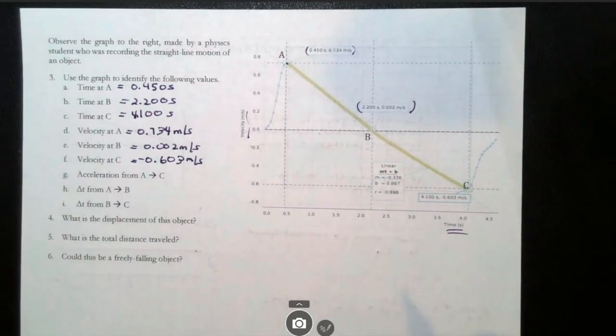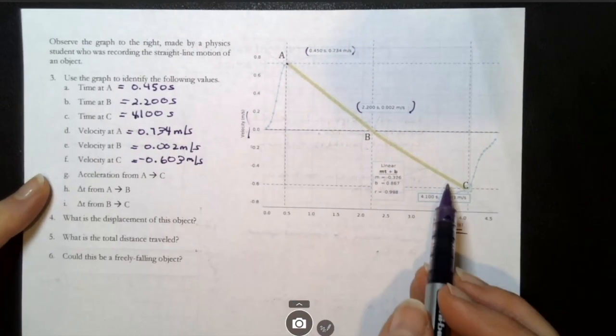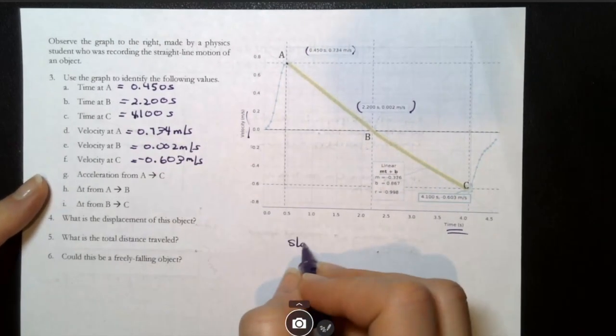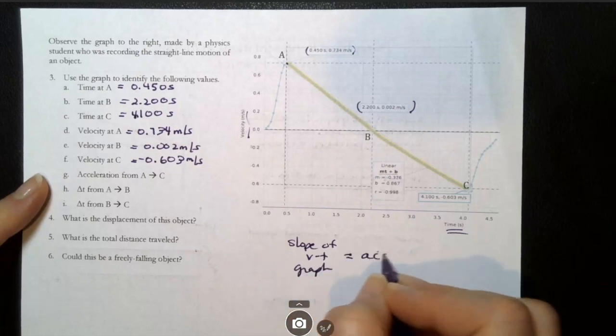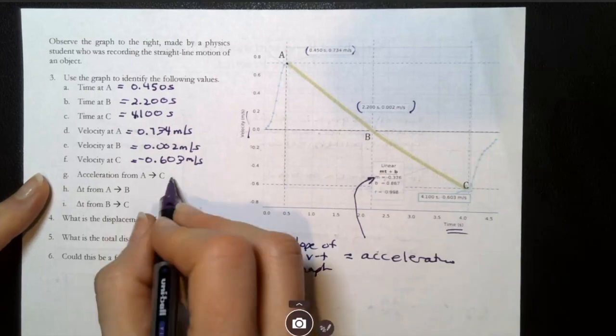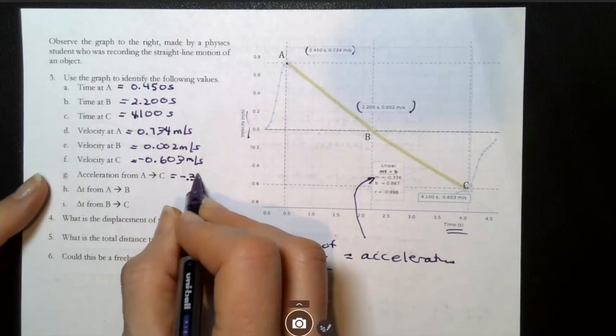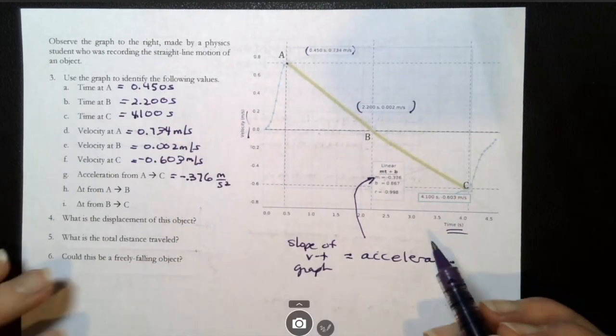The acceleration for these is going to be the slope, right? The slope of a VT graph is acceleration. Therefore, we can use this value, negative 0.376 meters per second squared. They give you the slope with the linear fit.